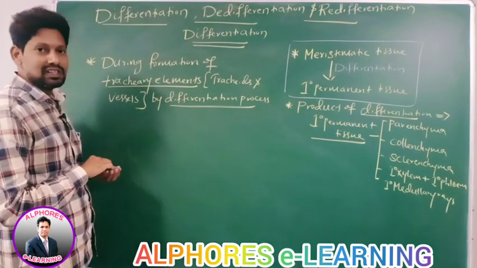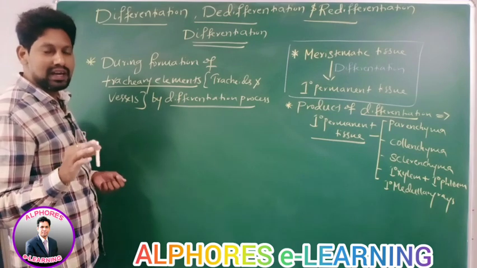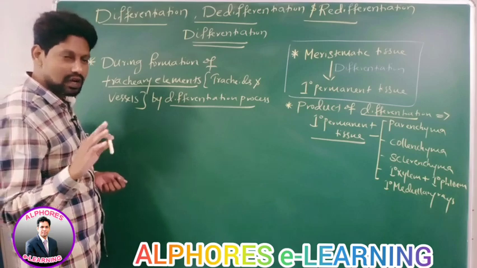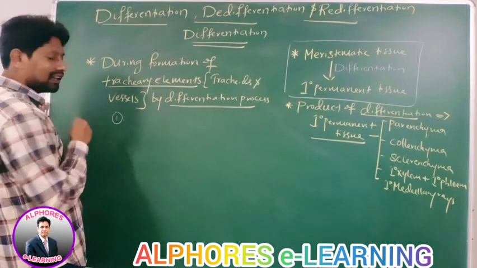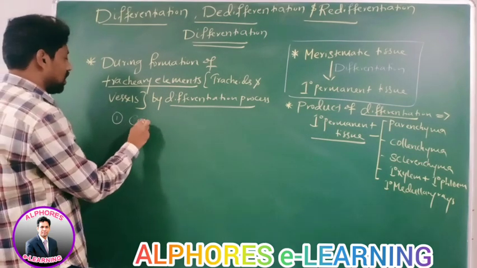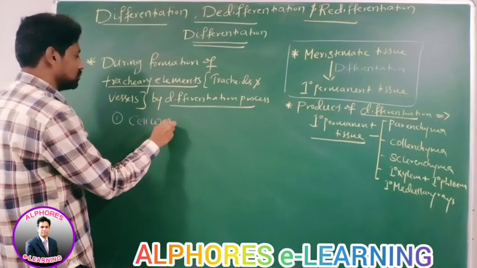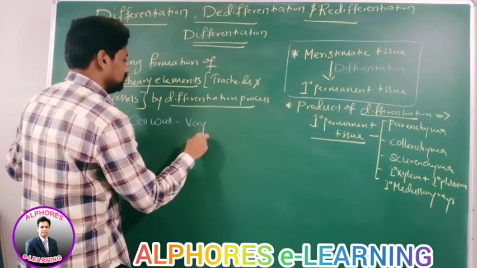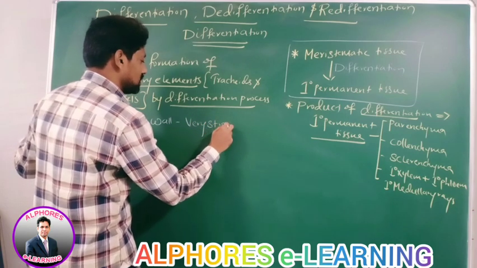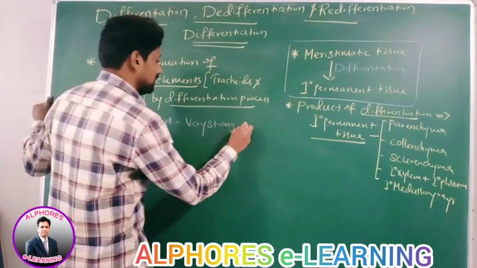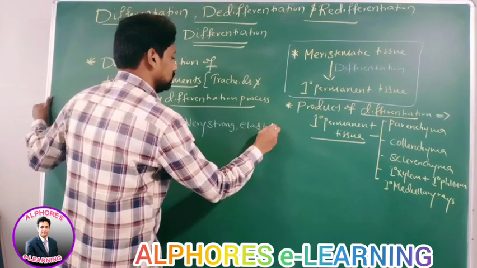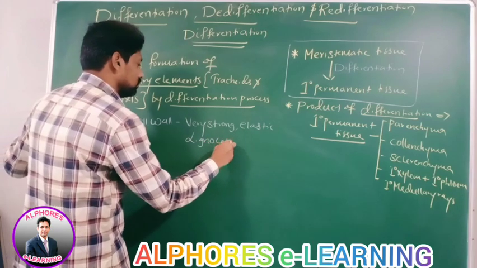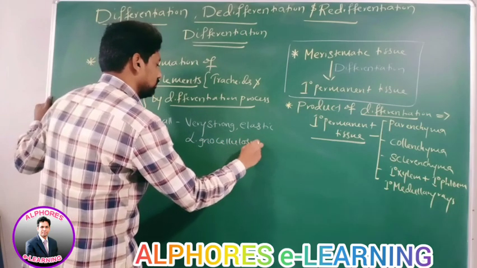When differentiation takes place, minor and major changes take place in the cell wall as well as the protoplasm. What are the changes that take place in the cell wall? The cell wall becomes very strong, elastic, lignocellulosic.